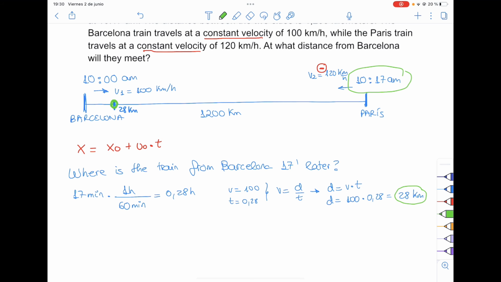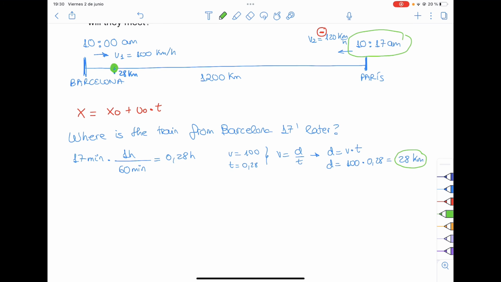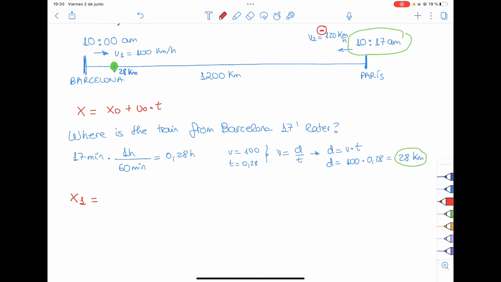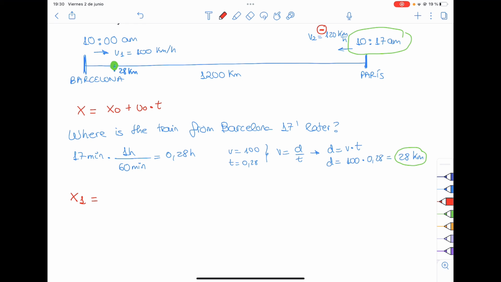So now I'm going to use this formula like we mentioned before, okay? So x1 is going to be for the train from Barcelona. The initial position of the train from Barcelona is 28. The velocity is 100, and I'm going to multiply it by the time.